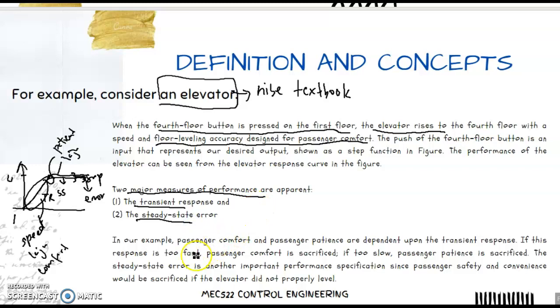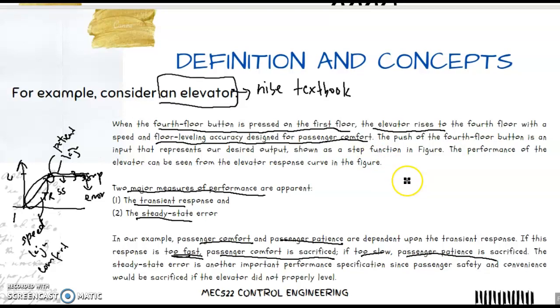And then, untuk example ni dia menceritakan pasal passenger comfort, passenger patience depends on speed. Nah, kalau too fast, passenger comfort is sacrificed. Too slow, passenger patience is sacrificed. Okay. So maksudnya kalau slow je, maksudnya kena sabar. Kalau laju, dia akan rasa selesa. Macam tu lah.